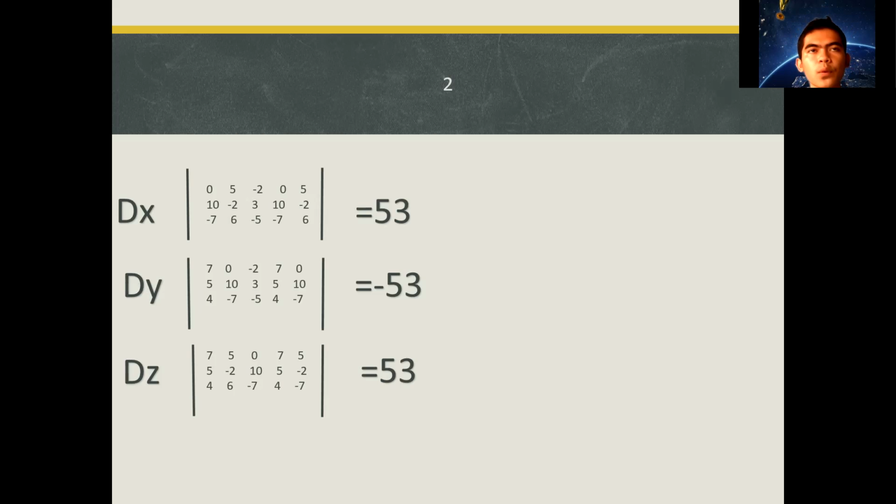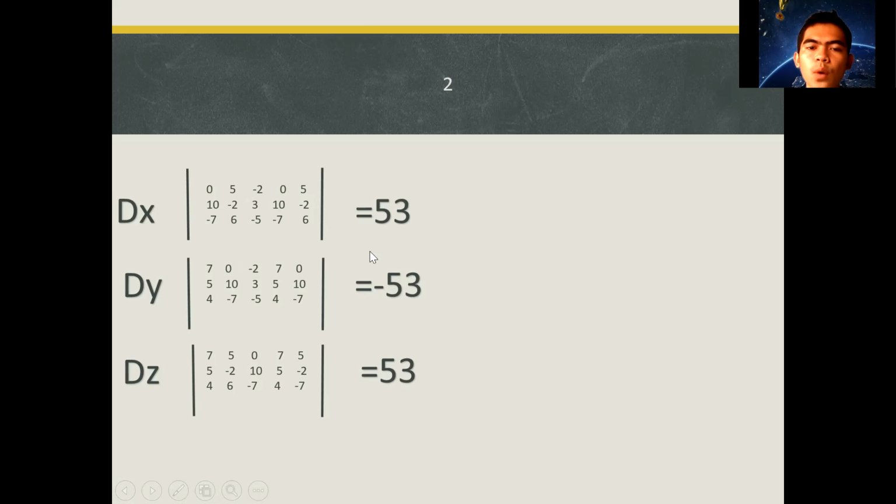And we also get dz, the third column like 0, 7, and minus 0, 10, and minus 7. After we divide the diagonal strike, we can get the result.